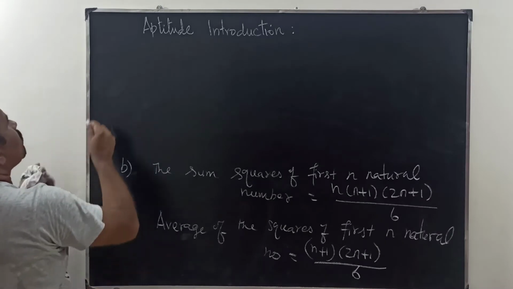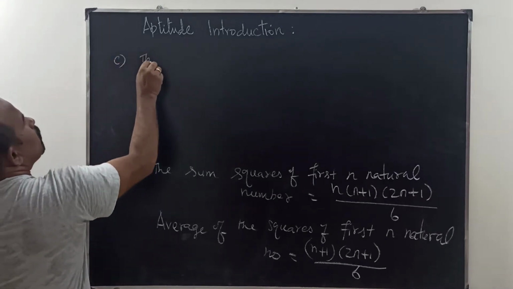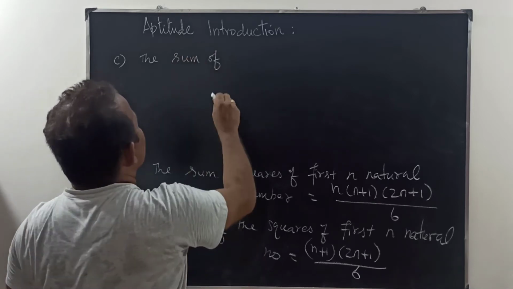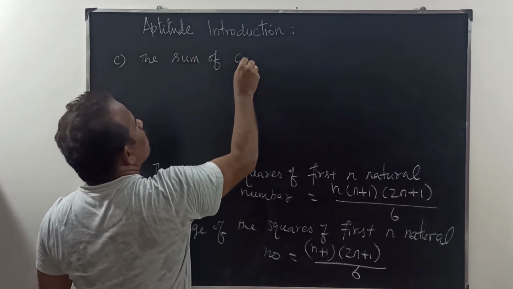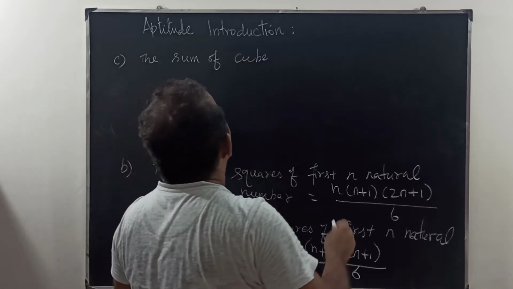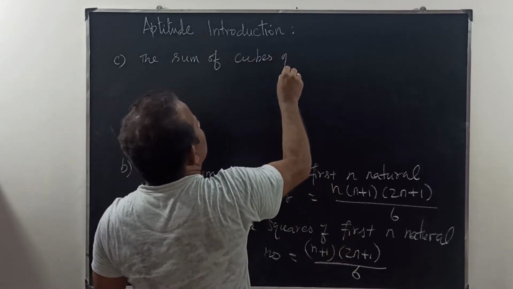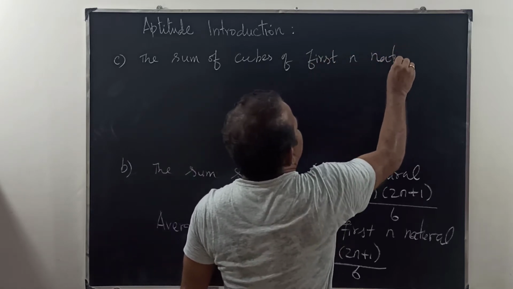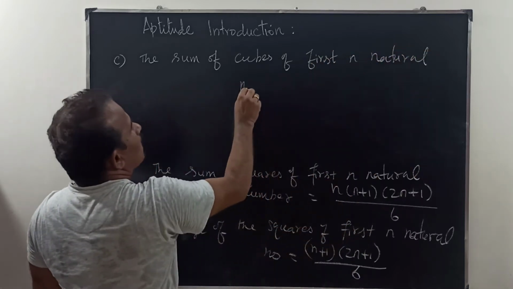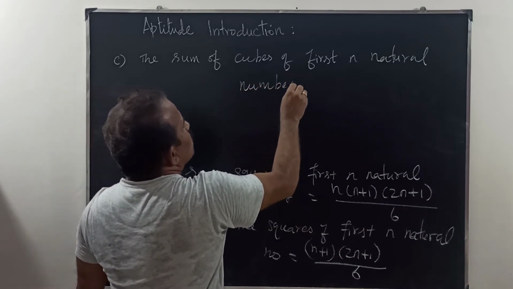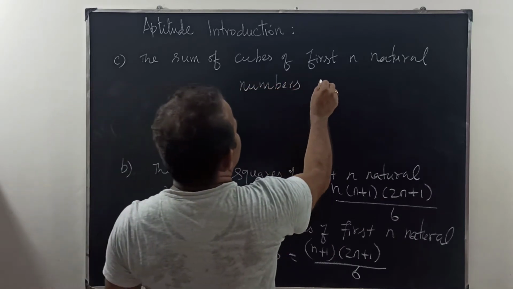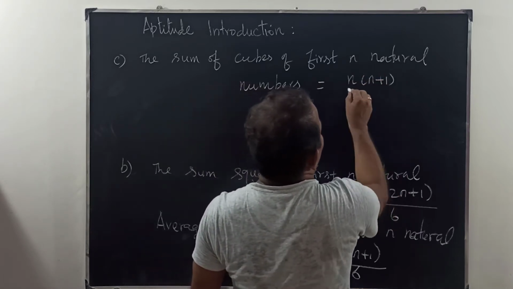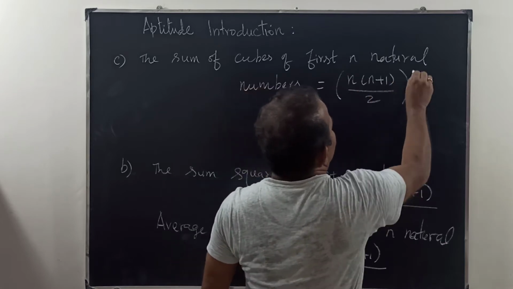C is the sum of cubes of first n natural numbers. This is equal to [n into (n plus 1) divided by 2] the whole square.